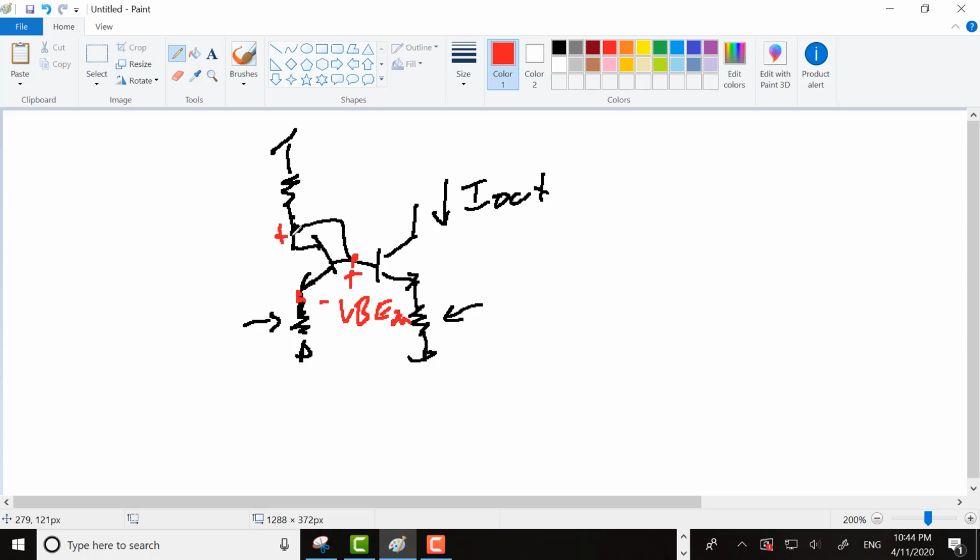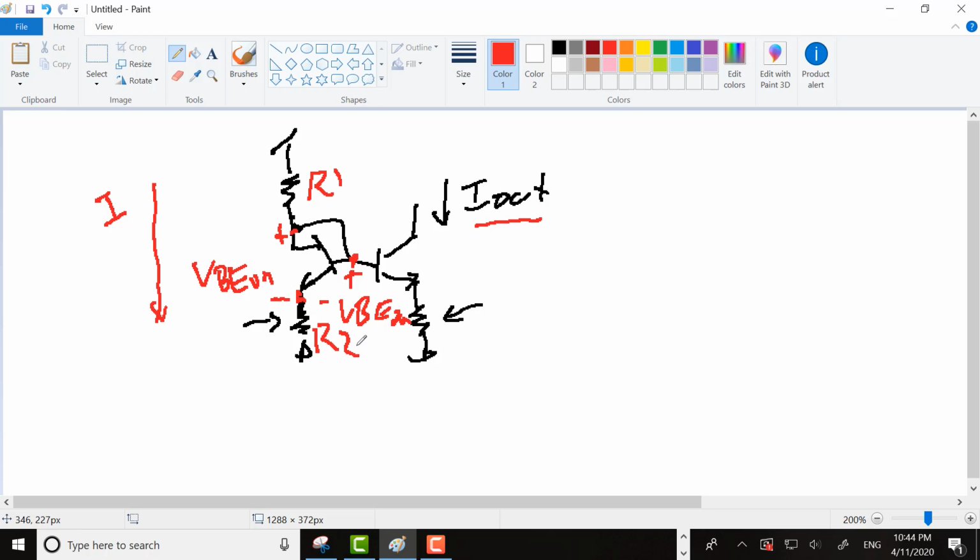That means the voltage from here to here is also VBE on, because this node is shorted to this node. And that means that for whatever current you've decided you want to have go through your biasing circuitry and therefore your mirror, the rest of the voltage has to be dropped across these resistors.